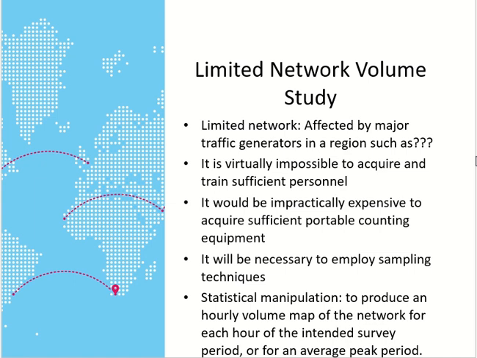Why? Because we want to see the effect of a particular facility on that part of the road. So there is a facility, for example a school or an airport or a big shopping mall. Something which they call a traffic generator. A facility which generates a lot of traffic, like University of Bahrain.